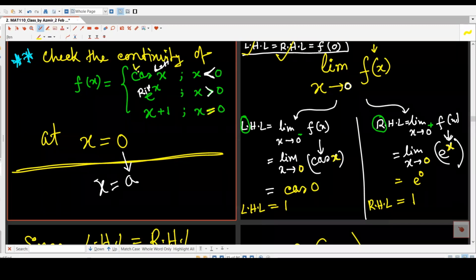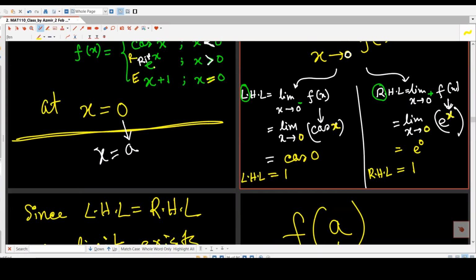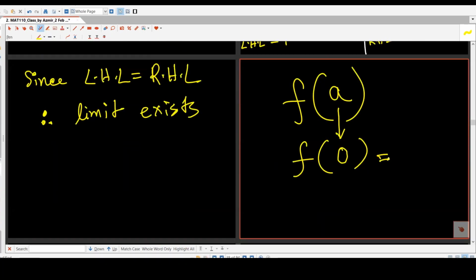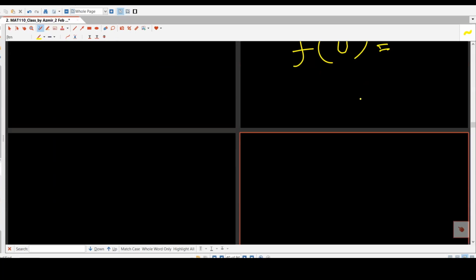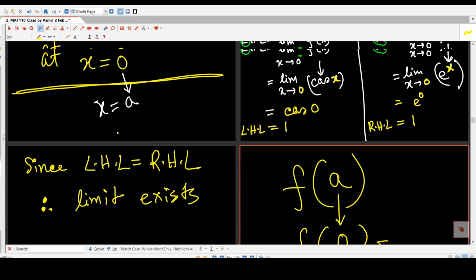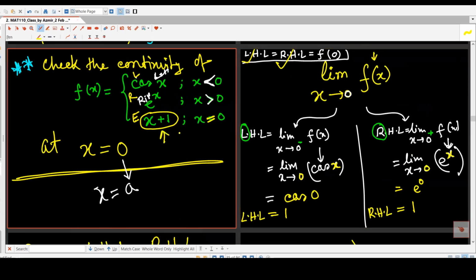This is the leftward function, this is the rightward function. Besides this, we should mention the equal function. This function should be chosen while evaluating f of 0. So f of x equals only x plus 1.